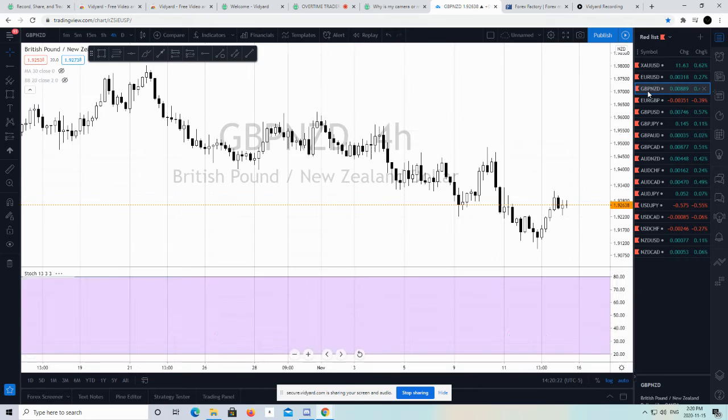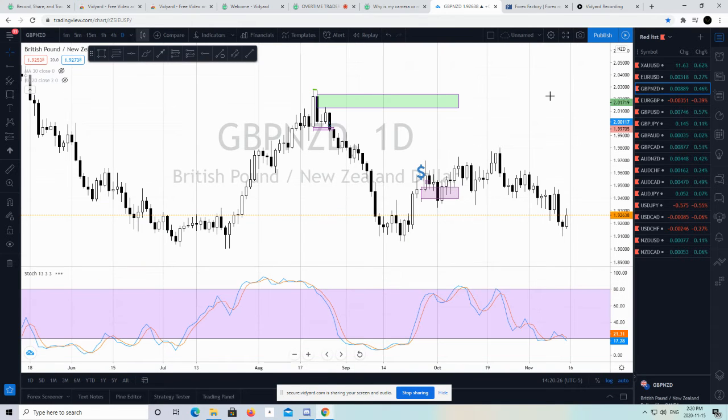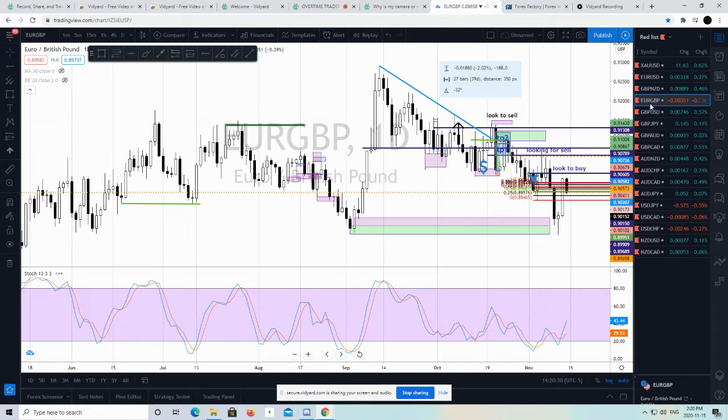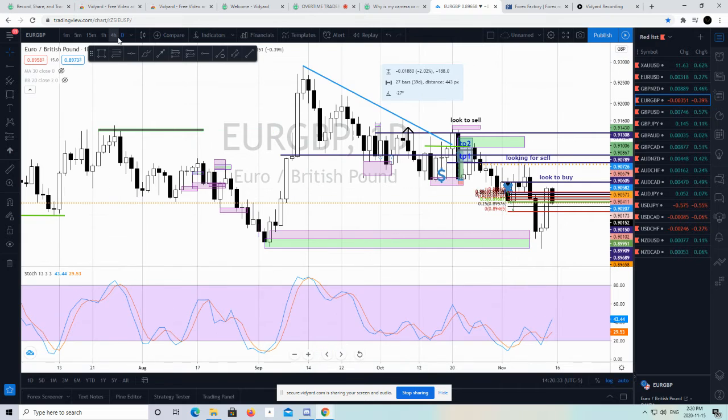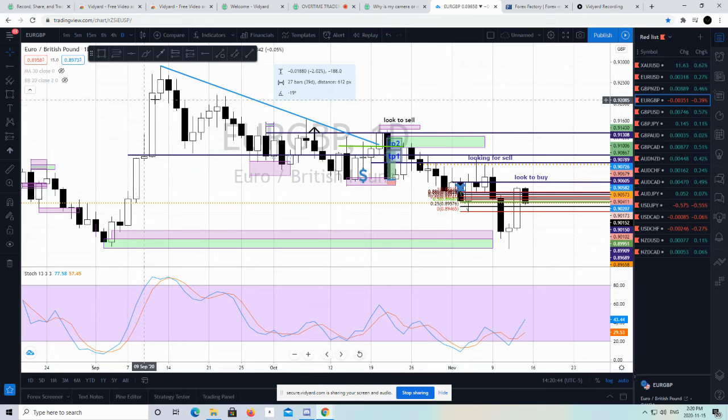Also, I am looking at Euro GBP. That's another pair that I am looking at. Looking at the daily here, we were in a downtrend. This day here we broke.